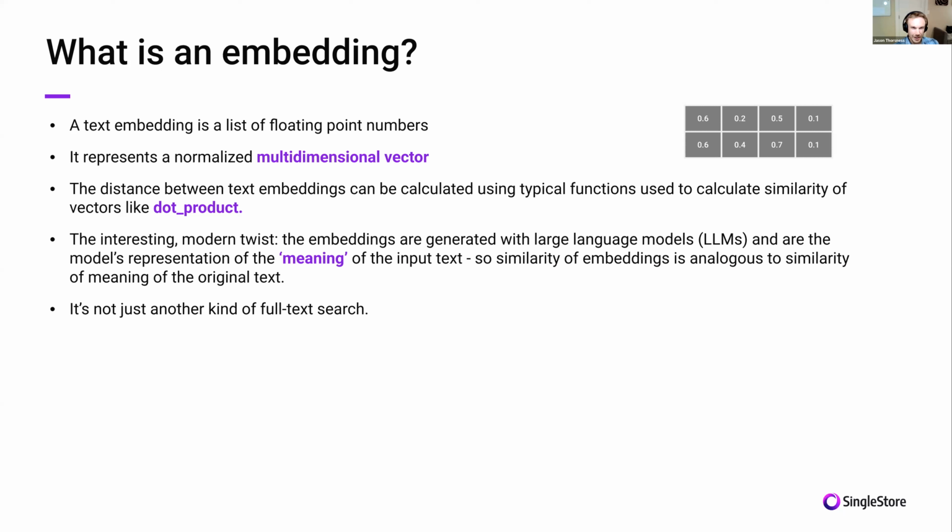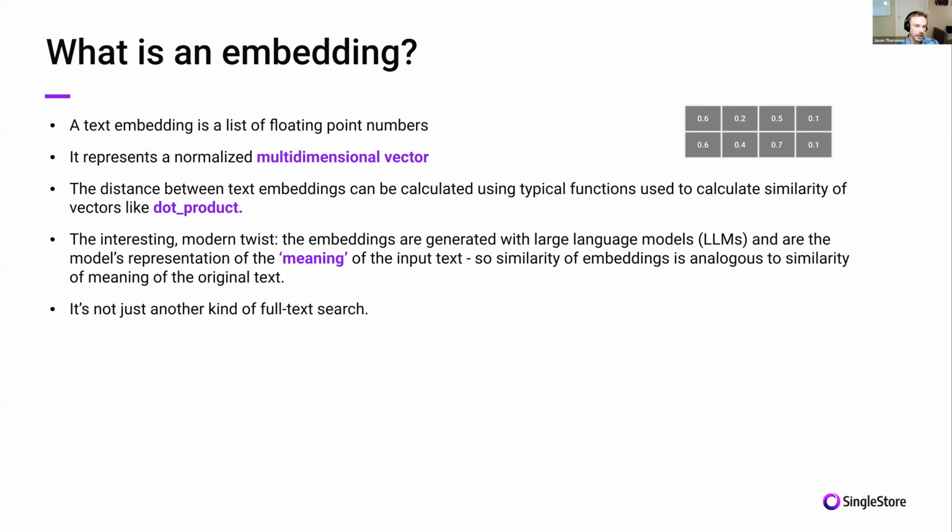And the interesting modern piece of this is the embeddings are generated with these large language models, and they're the model's representation of the meaning of some input text. And the model is trained on a whole bunch of data from the internet and other sources. Its representation of meaning is pretty close to how a human would think about it.